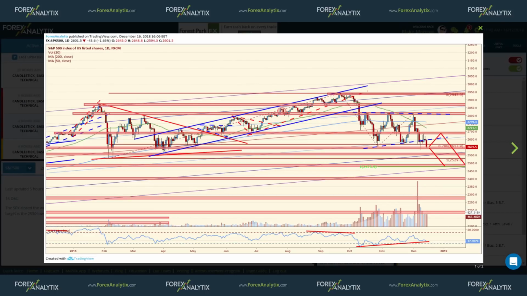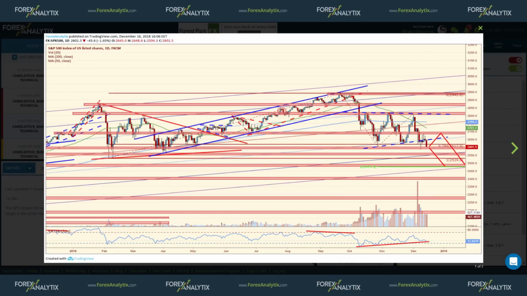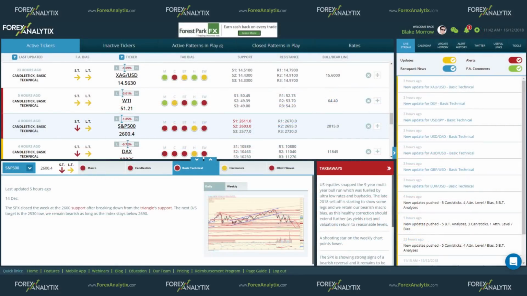That's when you start looking at currency pairs like the dollar yen, and you realize that the yen might be used as a safe haven currency once again, and we end up breaking through this lower end of support. So that's something that I think you should really pay close attention to.